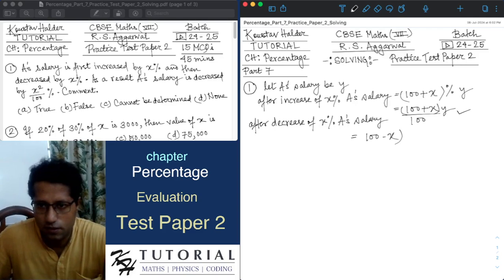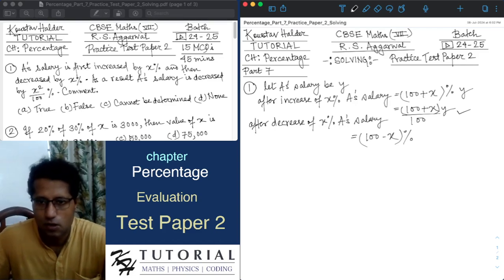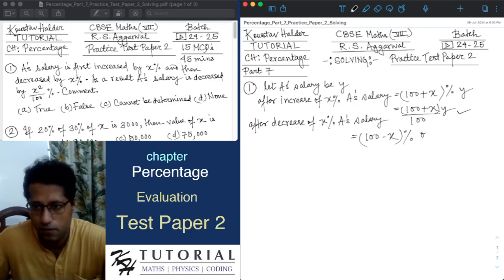So the new salary will be, since this X% is decreased based on the salary after it was increased by X%, which is 100 plus X by 100 multiplied by Y, 100 minus X% of the new salary obtained by the increase of X%.